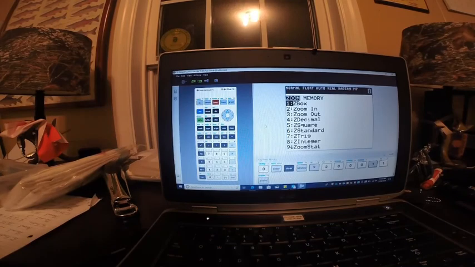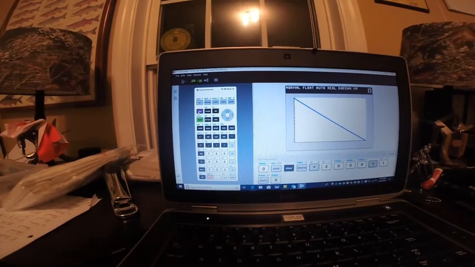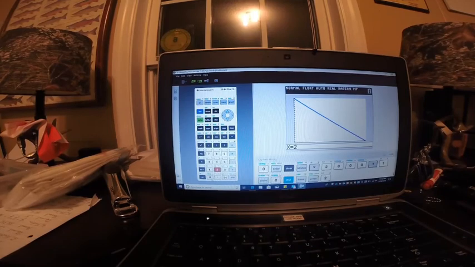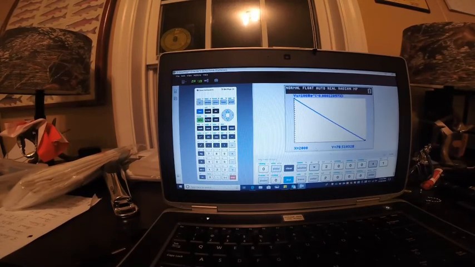I'll do zoom fit after that. Now I can do second calc value 2000. Okay, so it finds it for me. It says at x equals 2000, y equals 78.51. So your answer there would be 78.51.